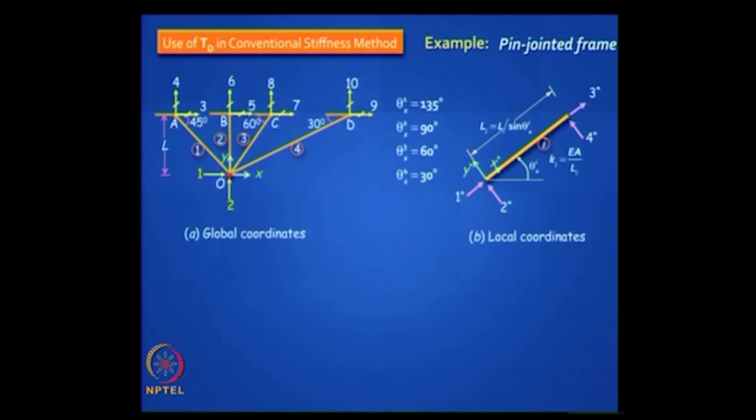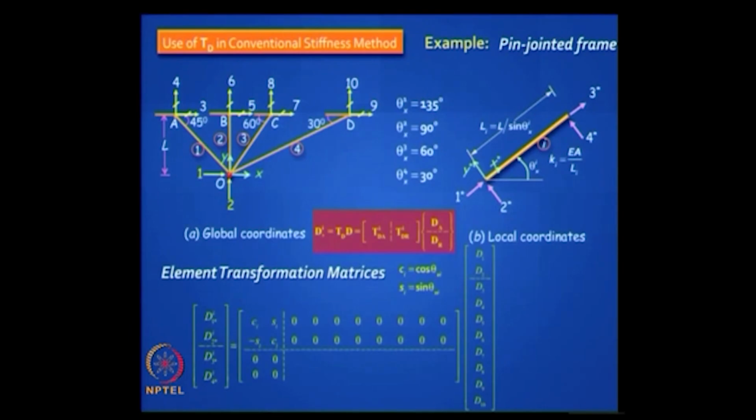What do you need to do? Well, I am not going to the global axis here, I am sticking to my original 1 star, 2 star, 3 star, 4 star, I am not doing any switch at this stage. Then I need to develop this matrix. It will look something like this. First of all, in this truss element I have 4 degrees of freedom. So do you understand di 1 star all the way to di 4 star?